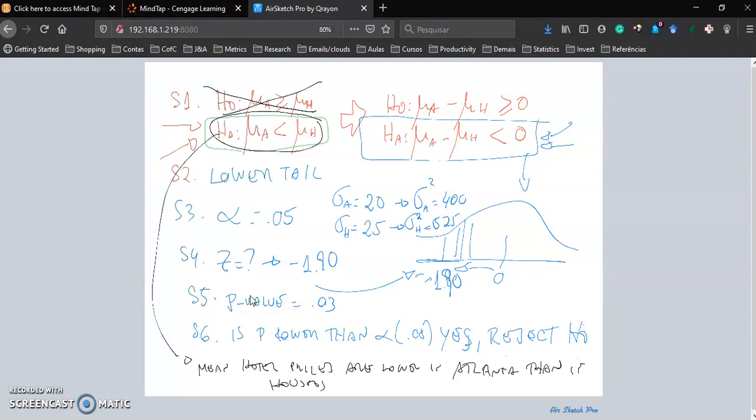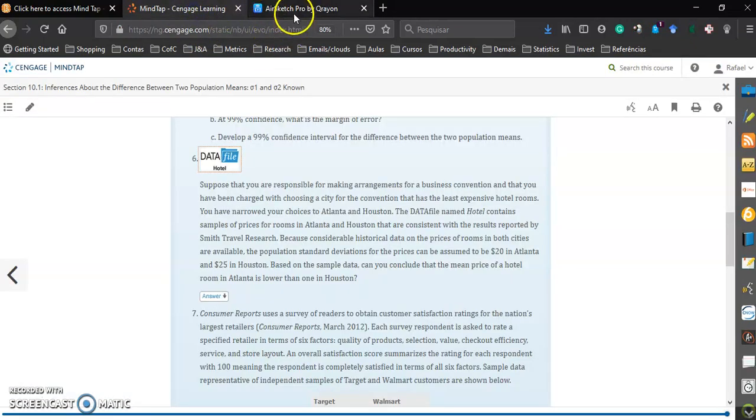I hope you can get that. So that's our conclusion. If you're planning for the convention, go to Atlanta because prices are really lower. So that's how you solve this problem from our book using the data.